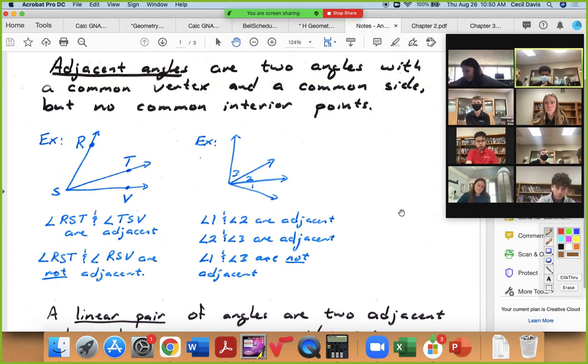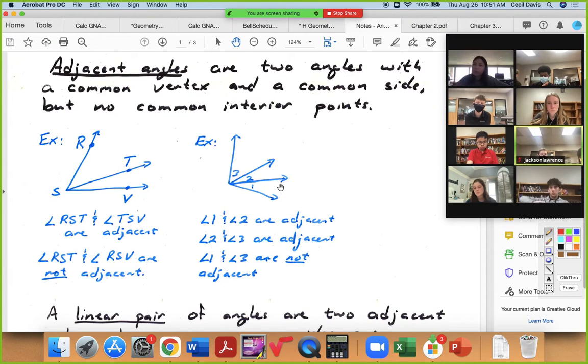All right. So in this diagram, we're going to pick up the pace a little bit. 1 and 2, pretty obviously adjacent. 2 and 3, pretty obviously adjacent. Angle 1 and angle 3, not so much. Why are 1 and 3 not adjacent? Do they have a common vertex? Yep. Do they have a common side?